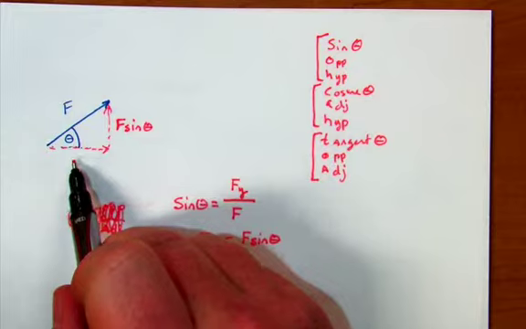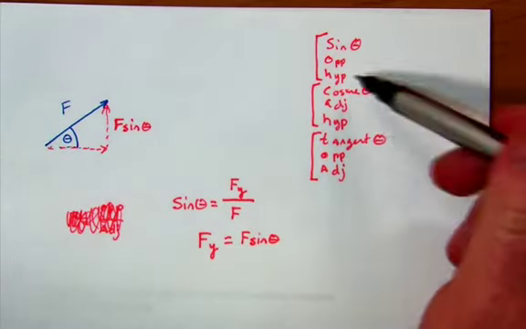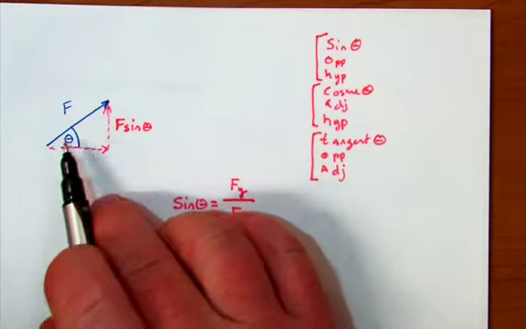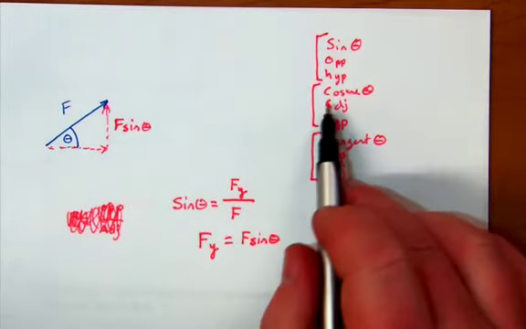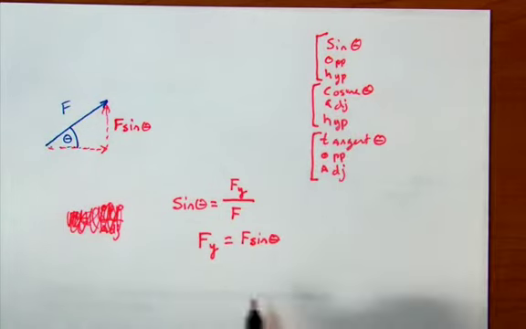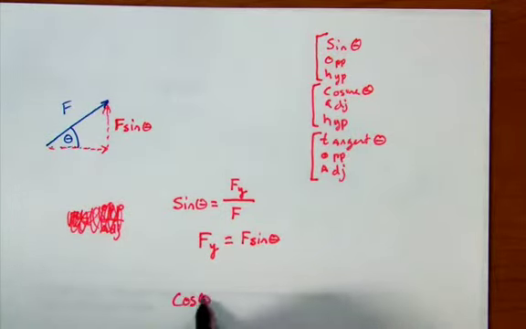Now what do I do for down here? The same thing, but now I have more choices. If I go with the same logic I had before, I know the hypotenuse, I know what theta is, so I can pick cosine theta because I'm looking for the adjacent side. So cosine theta equals adjacent, which is going to be f in the x dimension over hypotenuse.